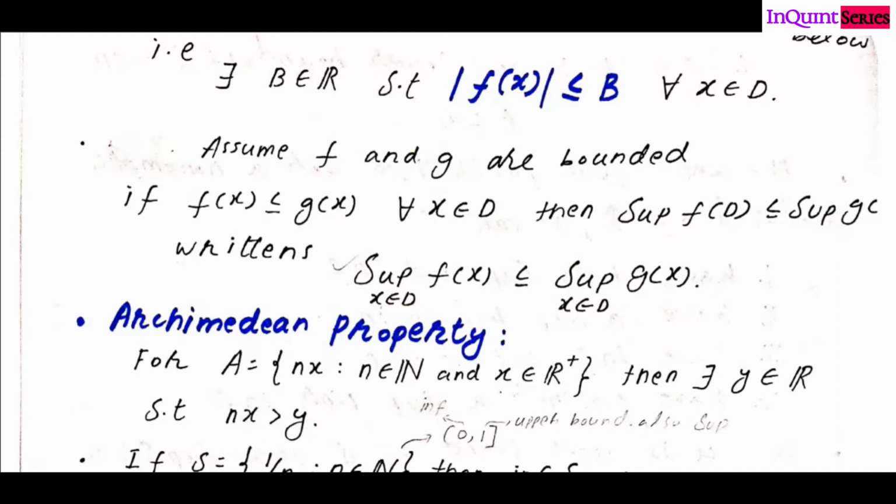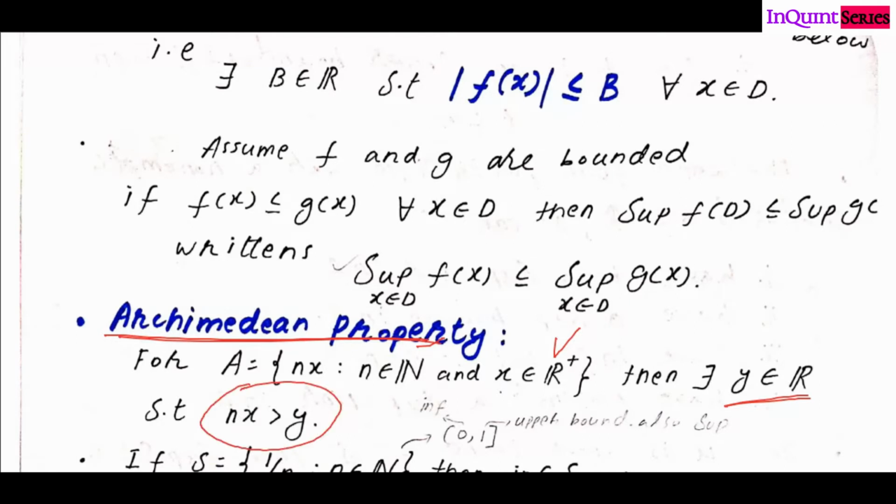So our next key point is basically the Archimedean property. For n belongs to the set of natural numbers and x belongs to the set of positive real numbers, there exists y belongs to the set of real numbers such that n times x is greater than y.